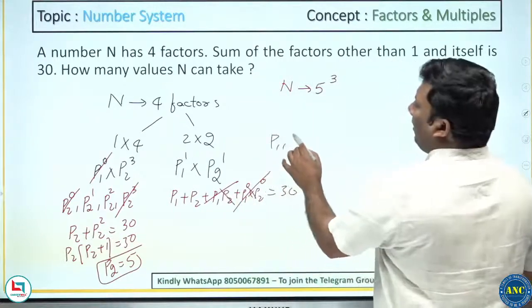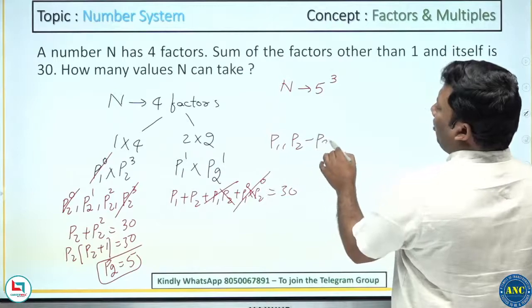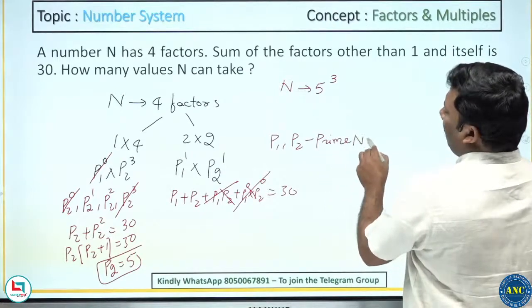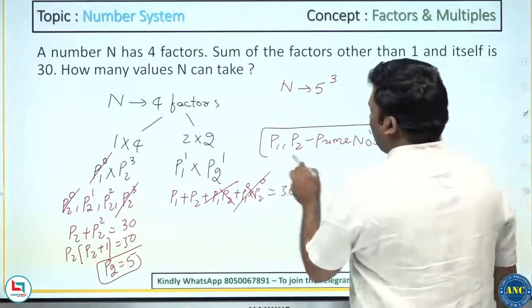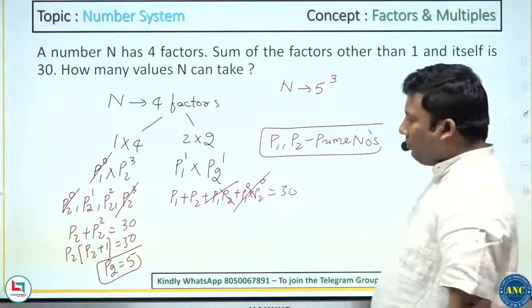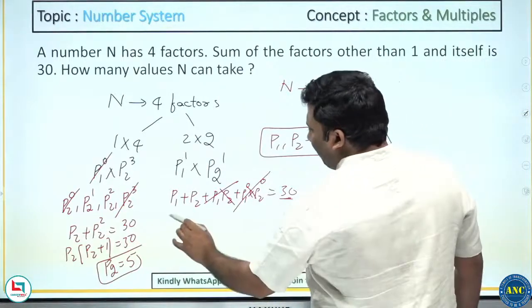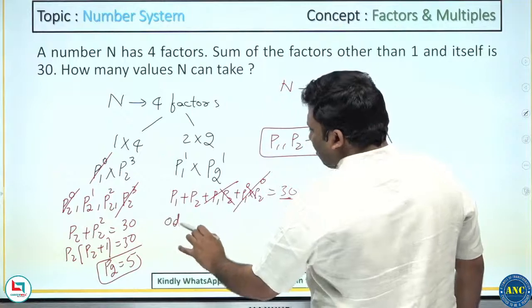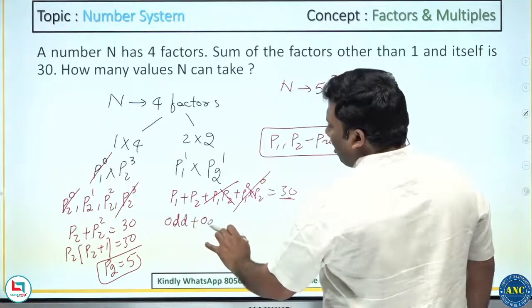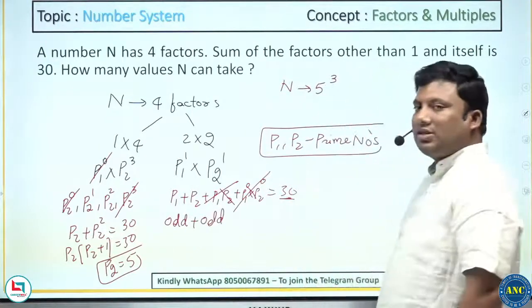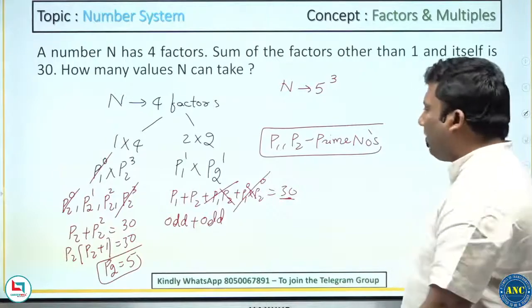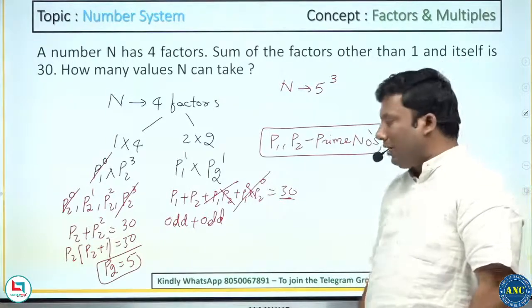P1 and P2 are prime numbers. 30 is an even number. Odd plus odd is even. That means P1 and P2 should take odd prime numbers.